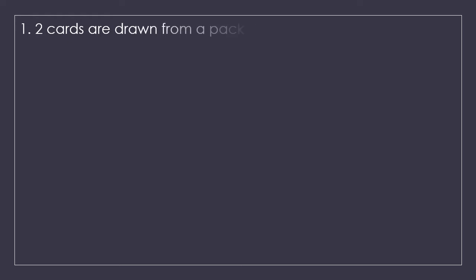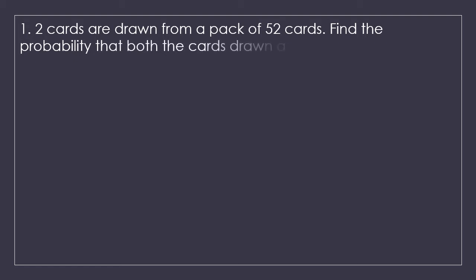Two cards are drawn from a pack of 52 cards. Find the probability that both the cards are drawn. But before that, because two cards are drawn from a pack of 52 cards, we need to calculate the total outcomes. Of course, there are sub questions given, but before I start with them, I need to calculate the total outcomes.